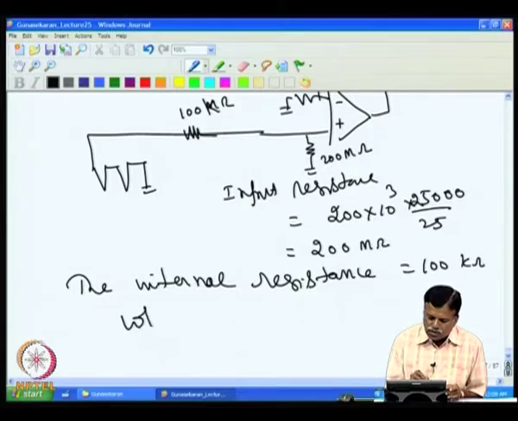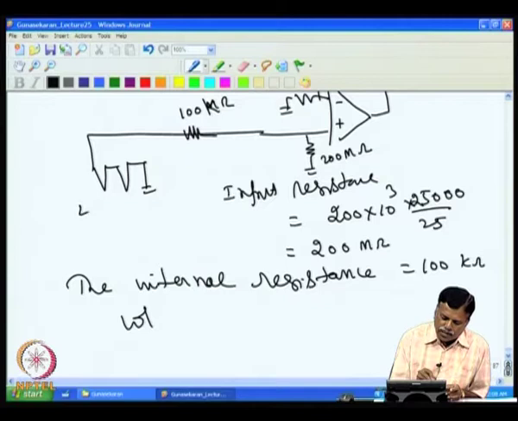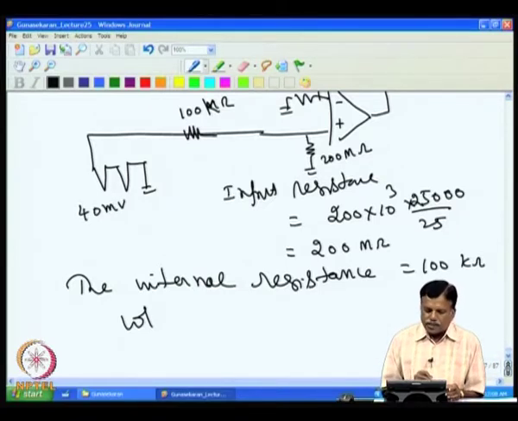So, assume that this is only a 40 millivolt signal, that is the maximum expected.